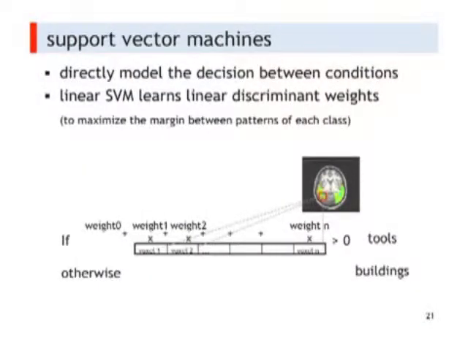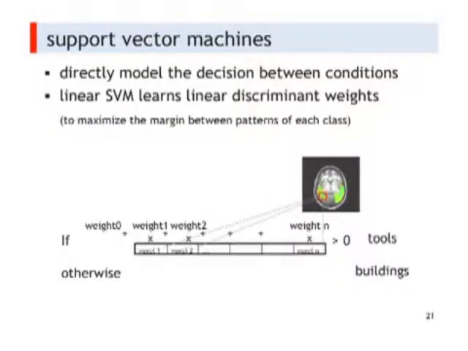The other type of classifier, and I'll use support vector machines as one example of this, is what's called a discriminative classifier. So instead of trying to model the joint activity of a group of voxels within a searchlight, you directly say, I want to learn a function that looks at a pattern of activity within that small window and makes a prediction of whether it's tools or buildings that the subject is looking at.